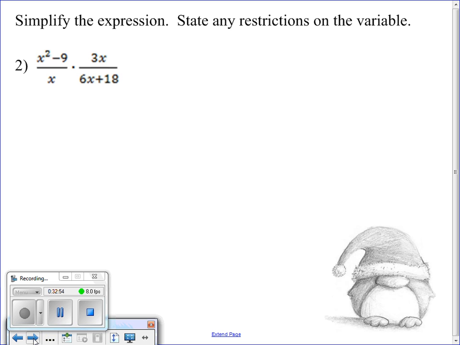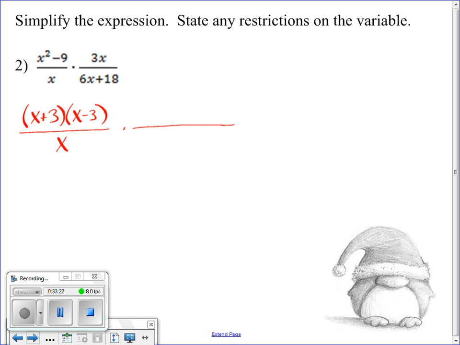Okay. Number 2. Notice it's a multiplication problem. So look at your purple sheet. Step 1 says to factor. Thank you. You can read. So how does the top factor? We are finally recognizing difference of squares. On the bottom, that's just an x.